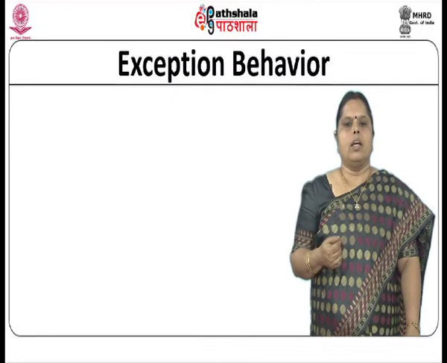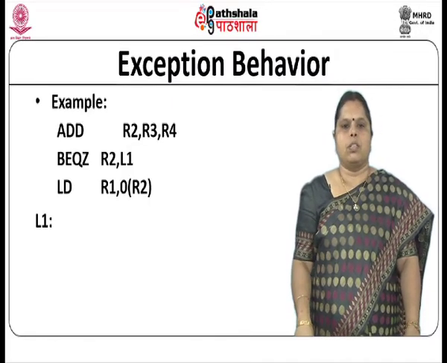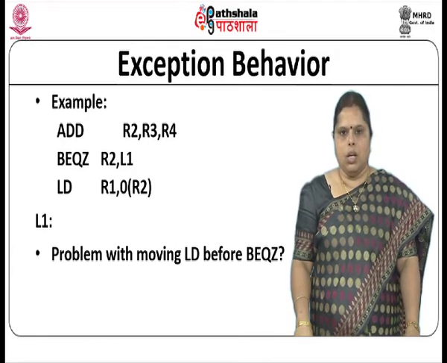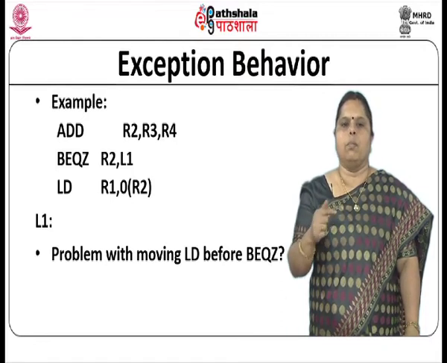Getting a little more detail into these issues, look at an example here for exception behavior. I have an instruction here which says branch on equal to zero, R2: check R2 for being equal to 0, and if that condition is satisfied, you branch to a label L1.